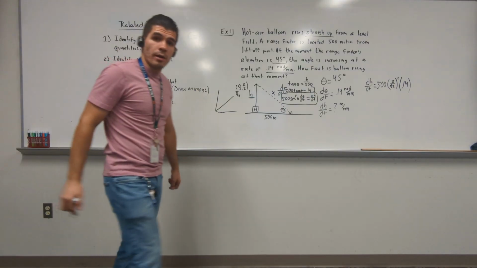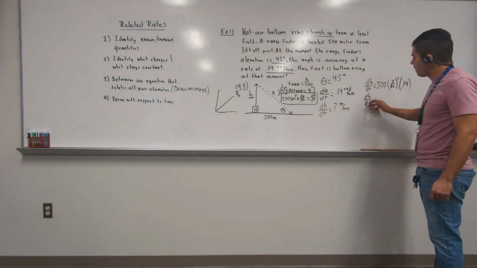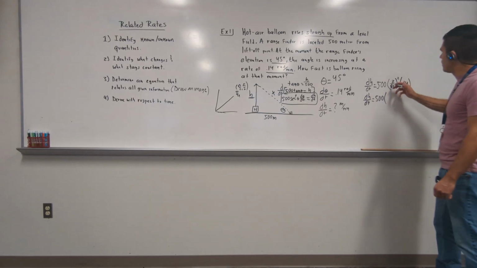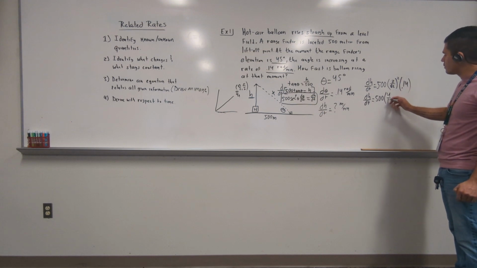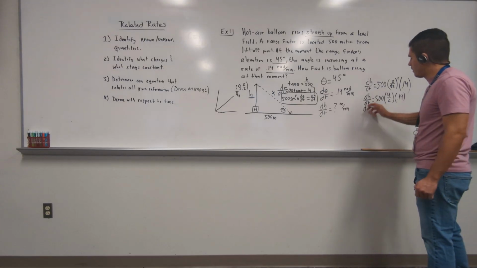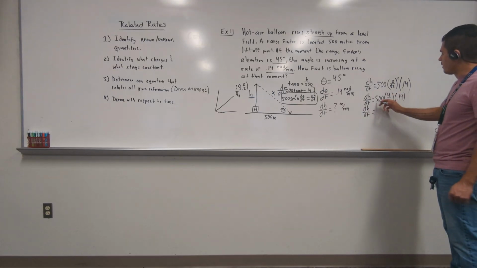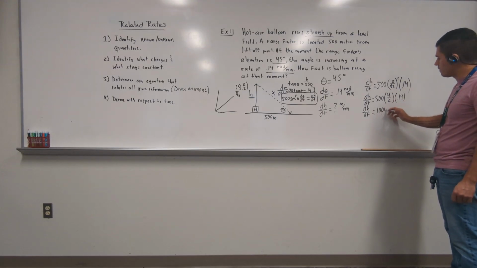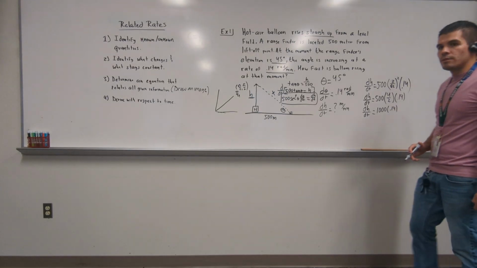So now let's just go ahead and multiply things out and see what happens. dh/dt is equal to 500 times 2 squared, which is 4, the square root of 2 squared is 2, and then we have 0.14. So dh/dt is equal to 500 times 2, which is 1,000, times 0.14.